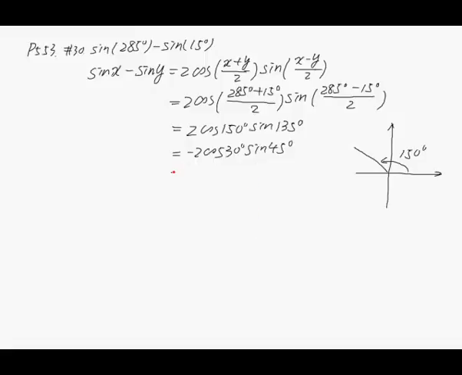And then you know the values for these special angles. So this is equal to negative 2 times root 3 over 2 and times root 2 over 2. You cancel this 2 and this 2, and then you get negative root 3 times root 2, which is negative root 6 over 2.